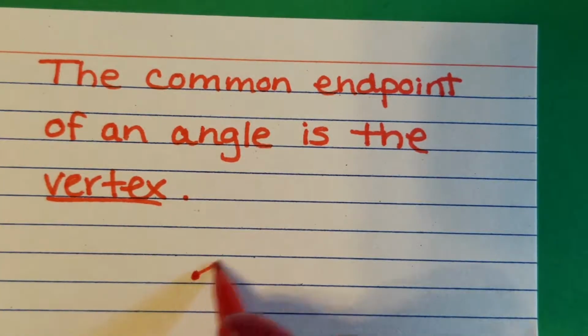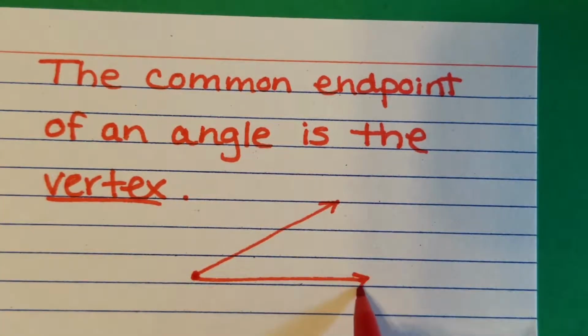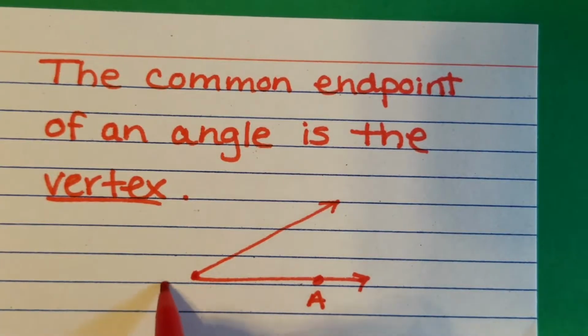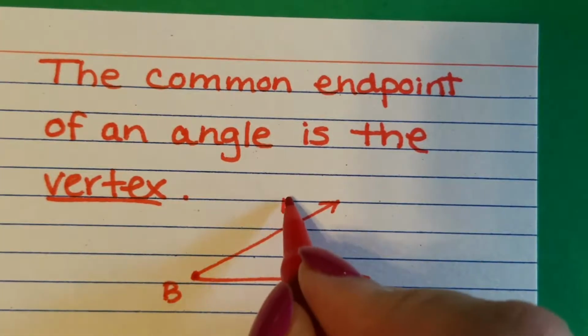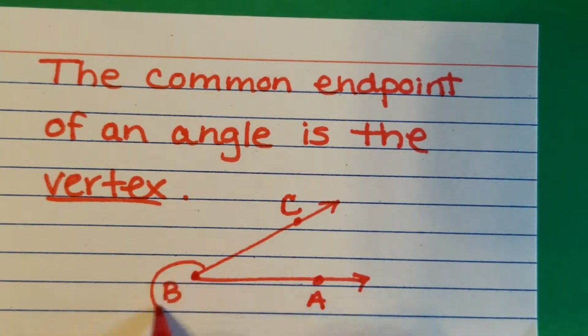So that angle that we had before, B is the vertex.